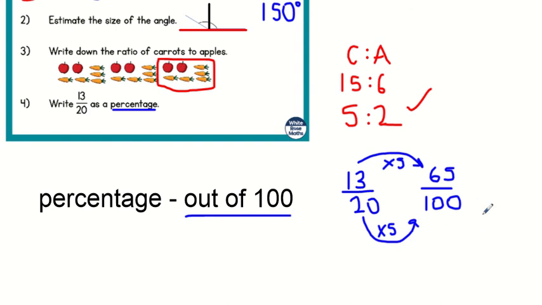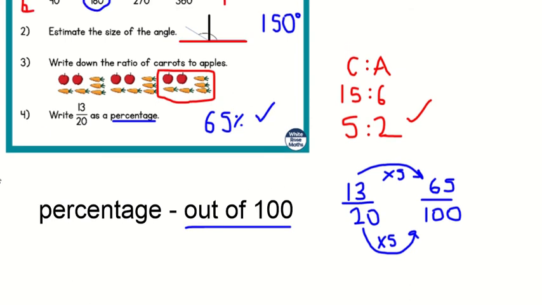And I know percentage is out of 100. So I now know that it is the same as 65%. That percentage sign means out of 100, so 65 out of 100. Hopefully then, Year 6, you're feeling more confident with that method now, that strategy.